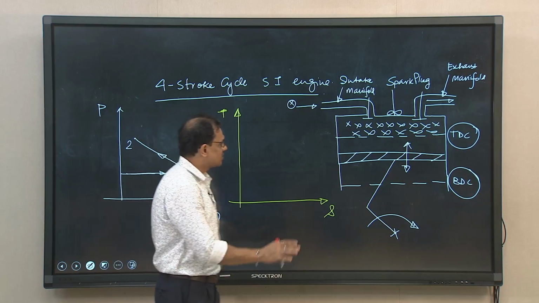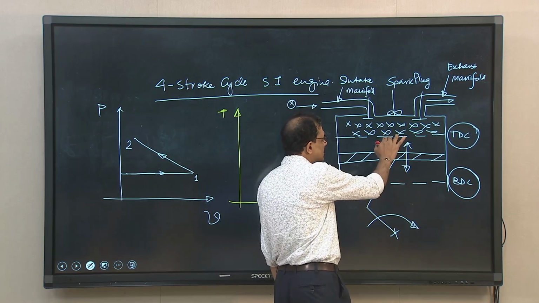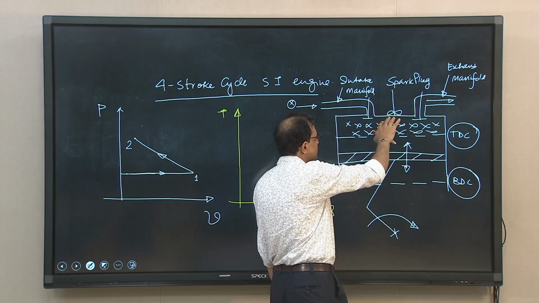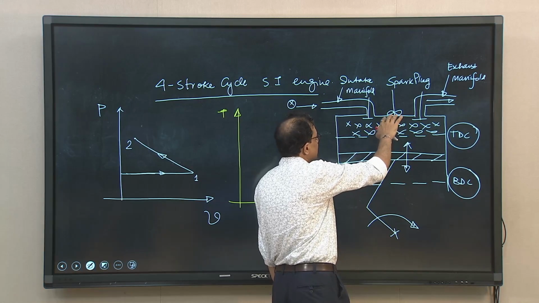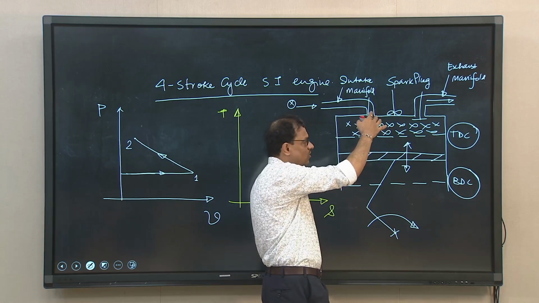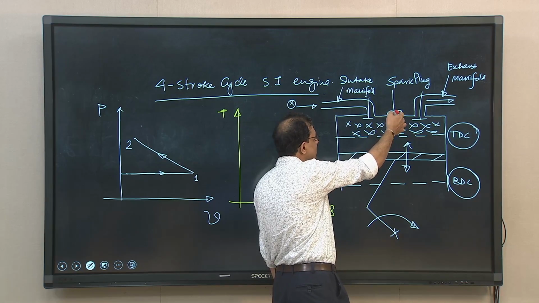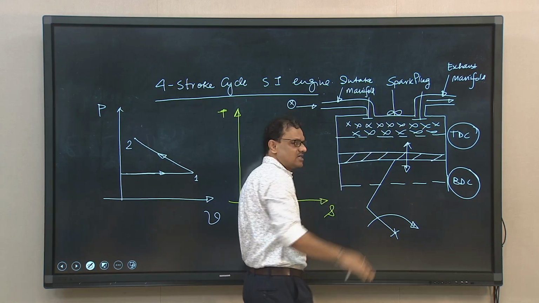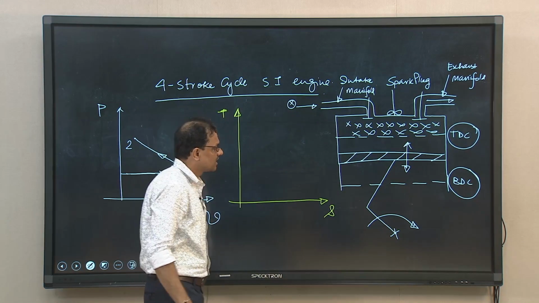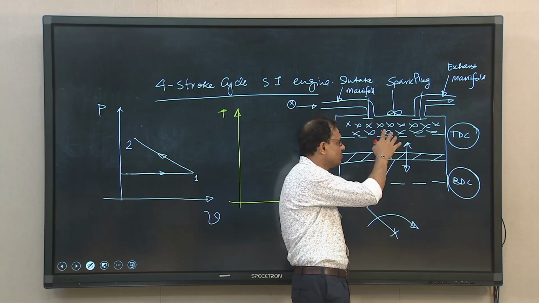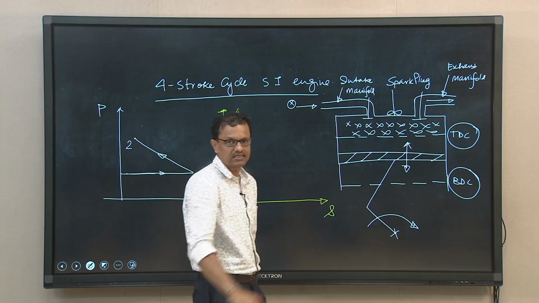Next, 2 to 3. I told you that when the piston is reaching TDC, the entire charge will be occupied in this place, the spark plug switch will be on, and the spark developed here will initiate the combustion and the entire charge will be combusted. It is as if during that time the piston is remaining at TDC, though the movement of the piston is spontaneous.